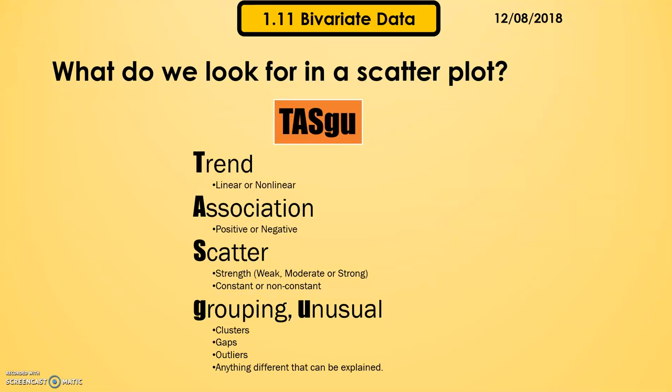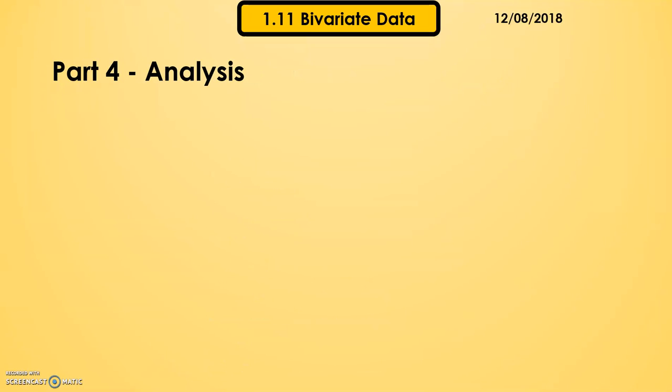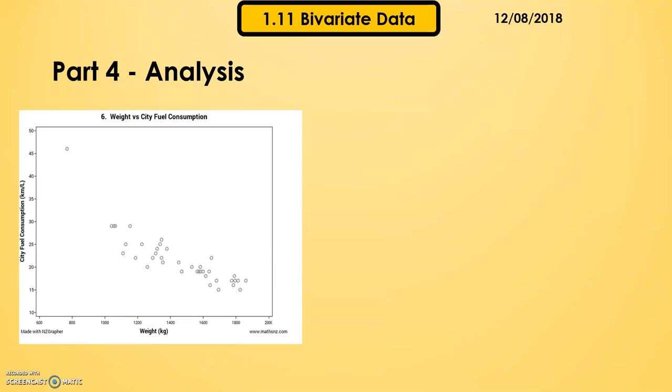So that's TASGU, and it would be a good idea to make a note of this page. These are the things that you'll have to come back to, but it's obviously in your booklet as well.